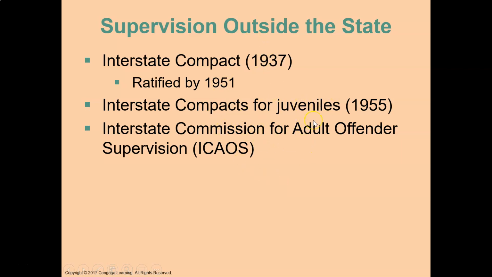There's a few states, like for example in California, I think Georgia is the one state that does not have an agreement with California. So if you move to Georgia while you're on probation in California, you will not be supervised, and I think California will tell you no, you cannot move there.